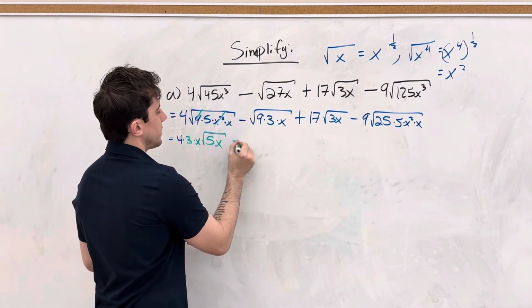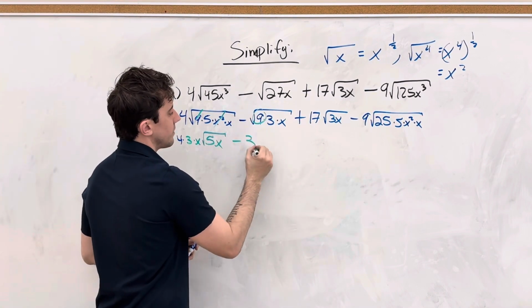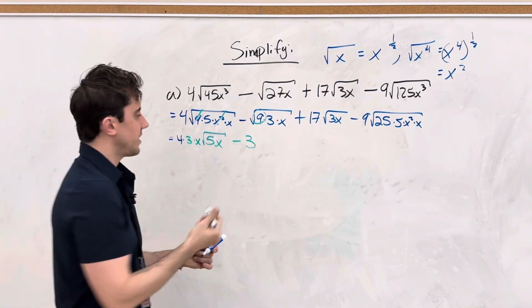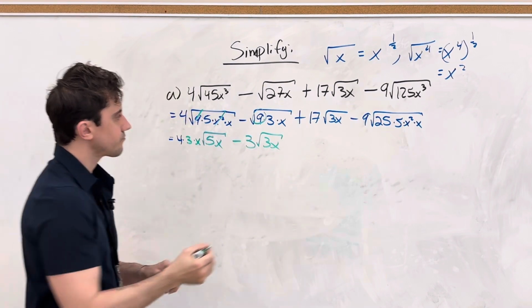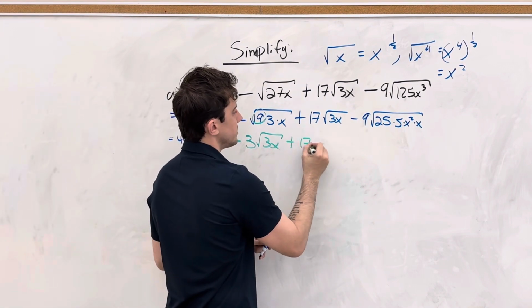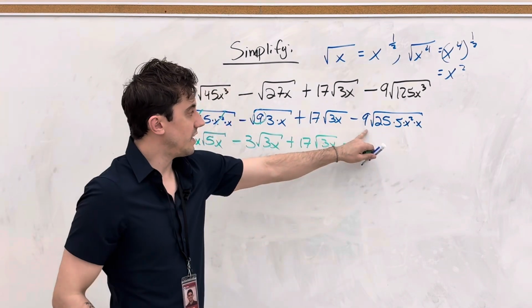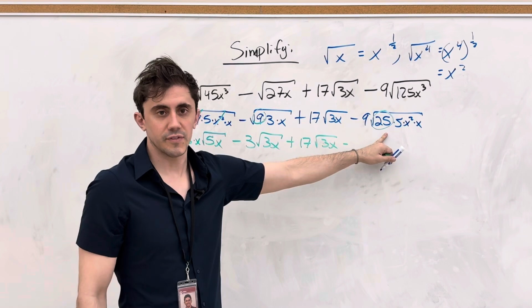Now, for the next part, we'll do the same thing with the 9. The square root of 9 is 3, so we'll have 3, but the 3x that's under the square root can't be simplified any further, and so we'll leave that as root 3x. Next we'll have plus 17 root 3x, there's nothing going on there. And finally, we have 9 times the square root of 25, right? That's why we wanted a perfect square.